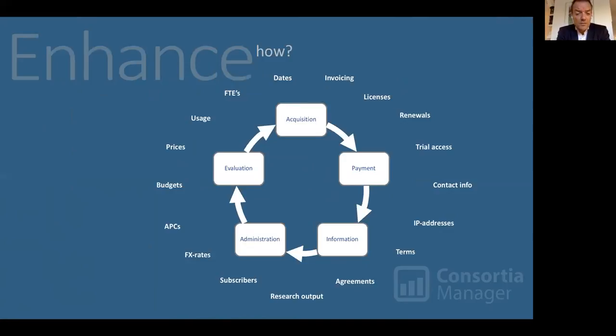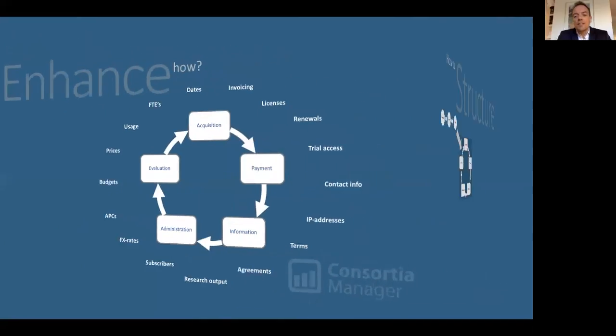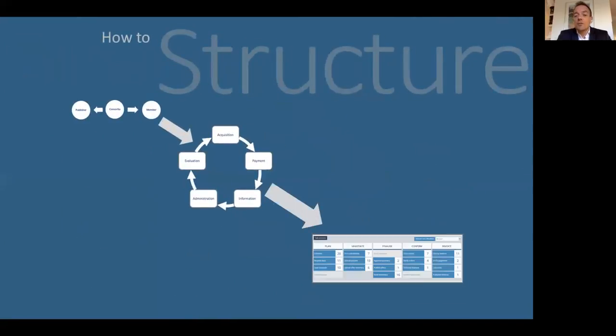The latest thing to be added to the system, or that we're working on at the moment, is research output for institutions and APC charges to get a grip on total financial engagement with the publishers. But that's still in an experimental phase, so to speak. So all these things have to go into the acquisition cycle, but we still had to structure it.